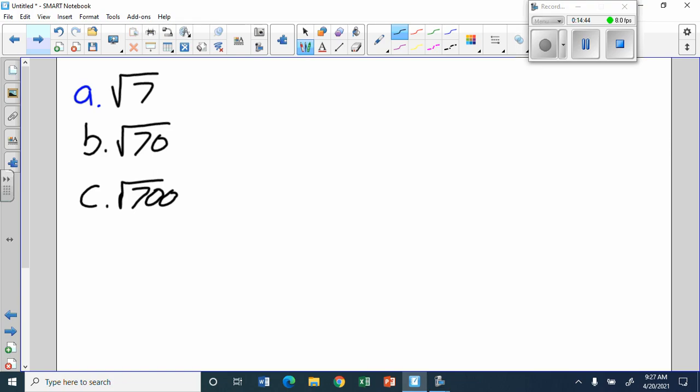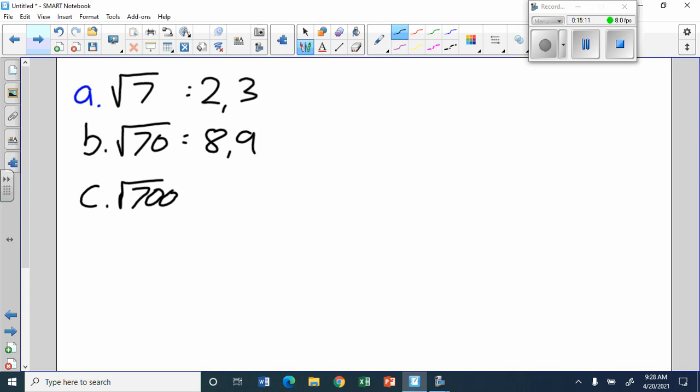What two whole numbers, not even decimals, are these numbers between? Square root of 7. What's it between? 2 and 3. 70? Because 64 and 81, between 8 and 9.